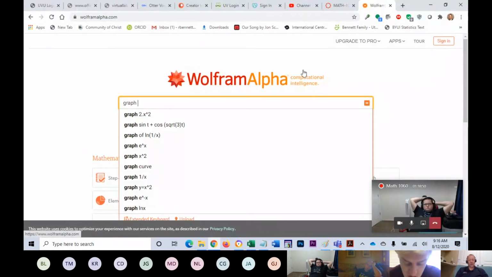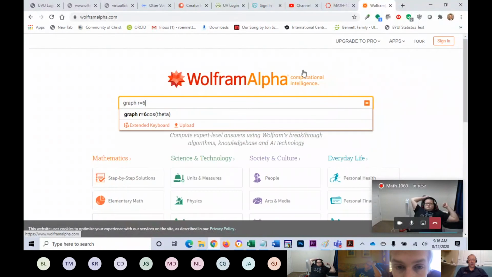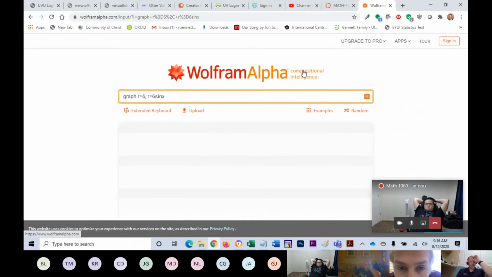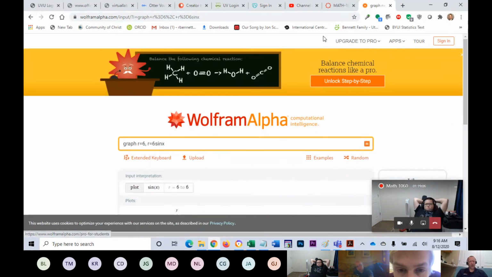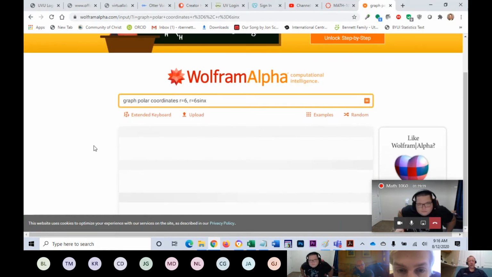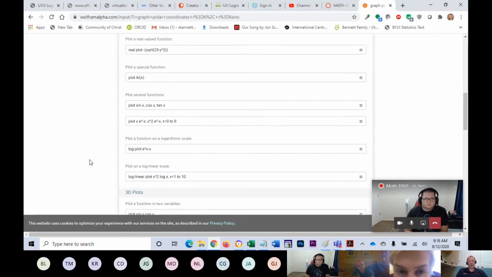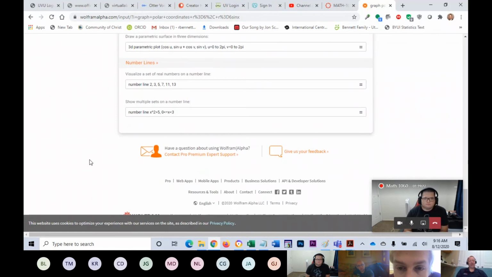Okay, graph r equals 6 sine x. Oh, polar coordinates. Oh, it doesn't like that. That's the first time I've ever tried that.